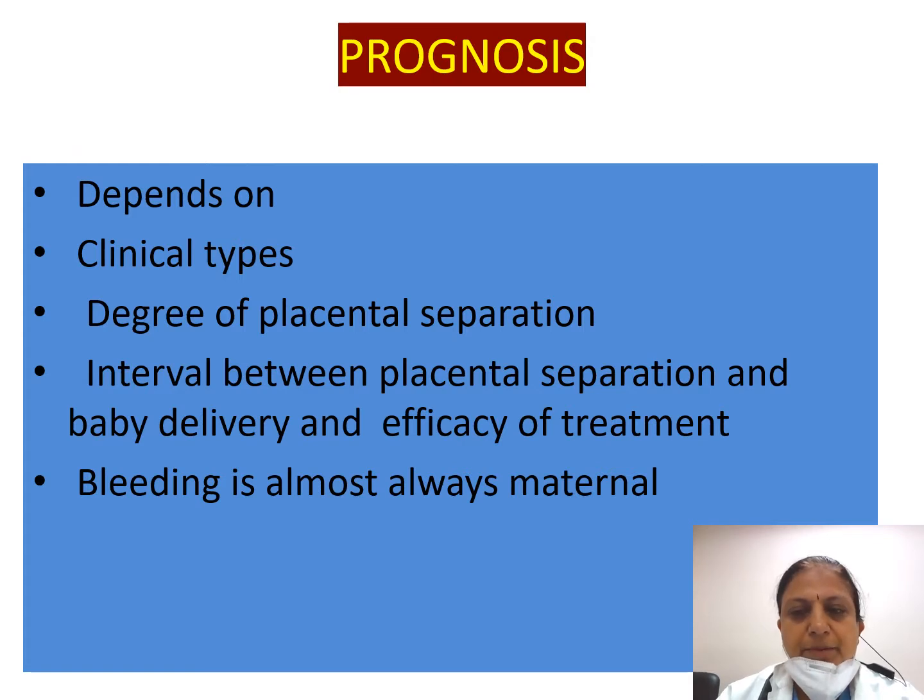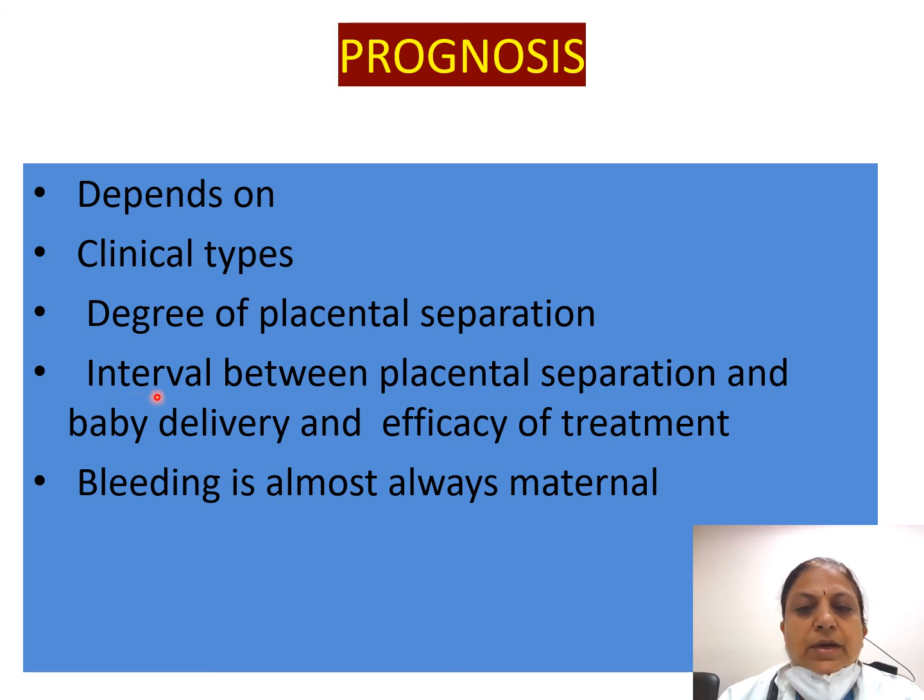The prognosis of abruptio placentae depends on the clinical type, the degree of placental separation, the interval between placental separation and delivery of the baby, and the efficiency of the treatment. Bleeding is always maternal here. So always remember the grades from 0 to 1, 2, 3, and the surface area, the amount of placenta which is separated, whether it is 10%, 20%, 50% or more than 50%.